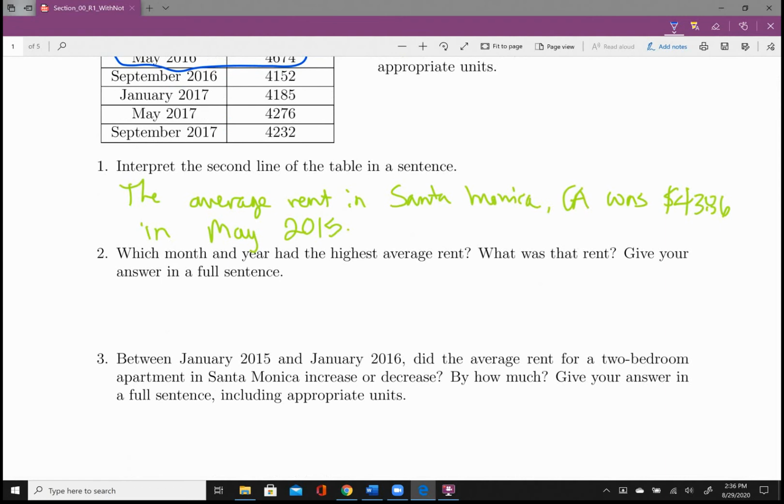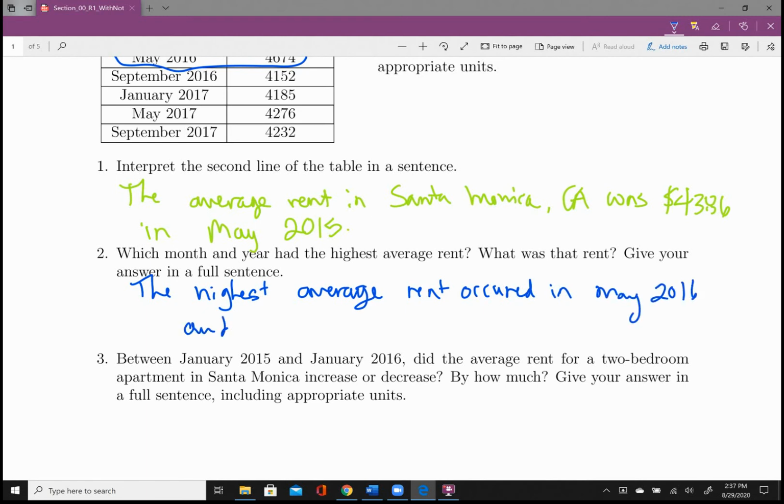So we will then say the highest average rent occurred in May 2016 and was $4,674. Done. That's all there is to it.